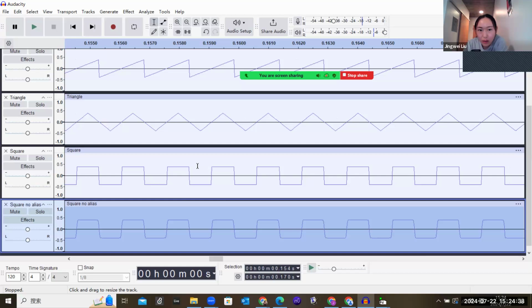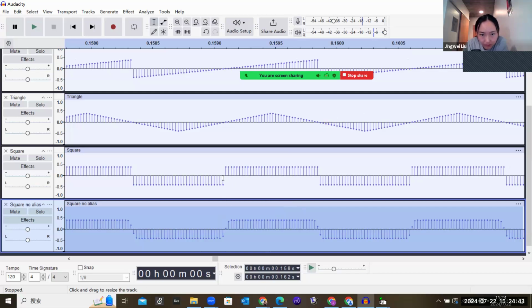It's not an immediate change. In the perfect square wave, it's strictly minus, plus, positive, negative. But in this square without alias, at the transitions there is something continuous that makes the wave smoother. I don't know how to describe this, but maybe we can listen to it.